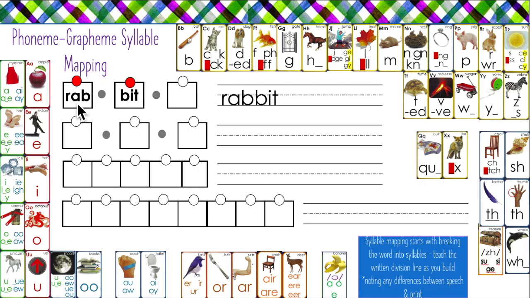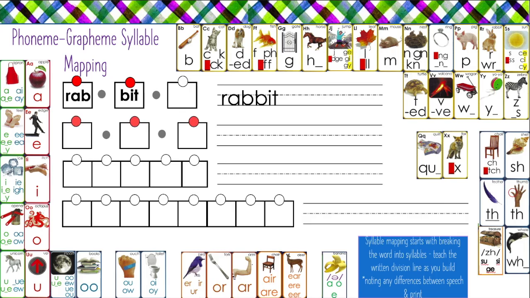My first syllable is rab, and my last syllable is bit. I'm going to break them into syllables for them. And then we're going to encode it that way. Now, again, if I was doing decoding, I would show them where the break was so they could see that this was an a. I'm going to tell the kids that it's not going to match how I usually say it. I'm going to teach them what that maximal onset rule is because it happens and it's real.